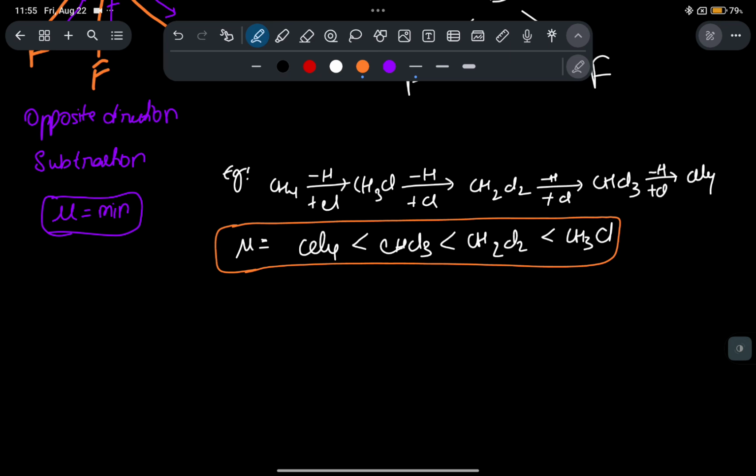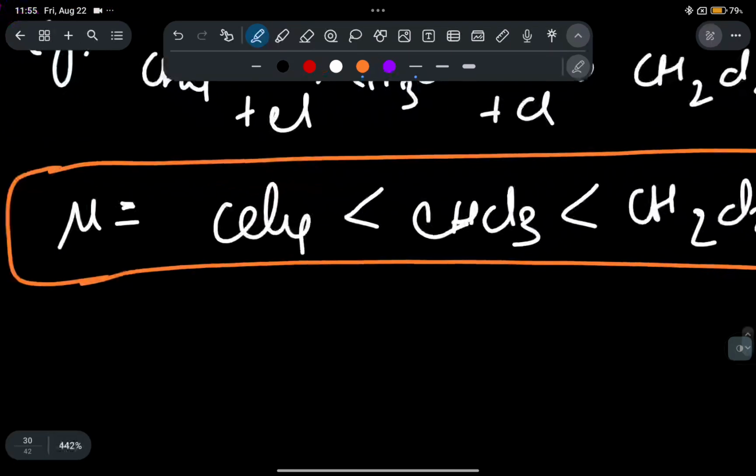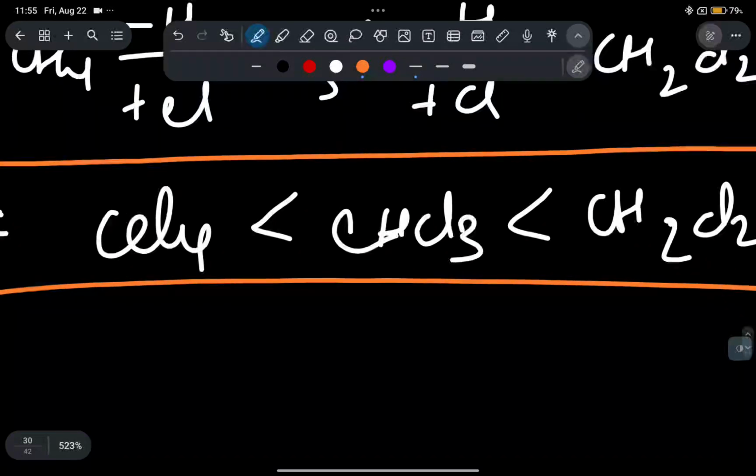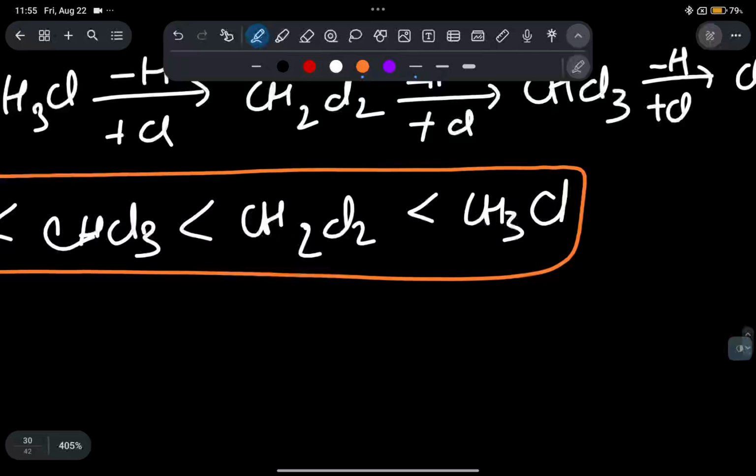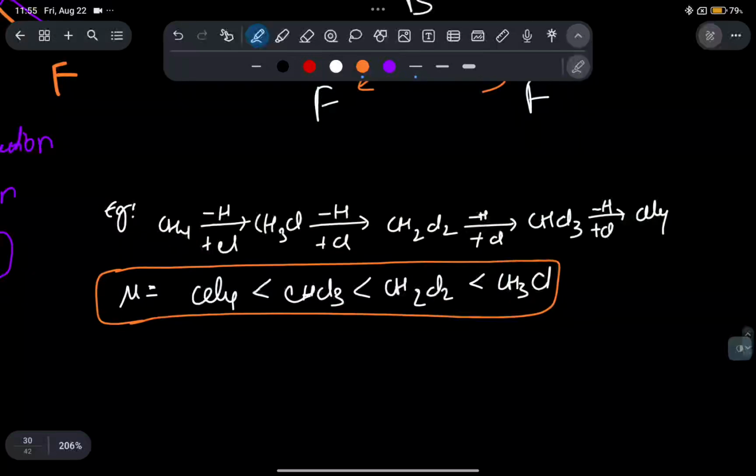Oppositely charged means there will be less, and there will be 3 chlorines and 1 hydrogen, means the central atom is only a single one and the 3 chlorines oppositely, that is also negative, but CHCl3 is better than CCl4, and CH2Cl2 means 2 hydrogens are giving arrow to the carbon, and 2 chlorines are in the opposite direction, and CH3Cl means the three hydrogens are in the same direction, only one chlorine is in the opposite direction.